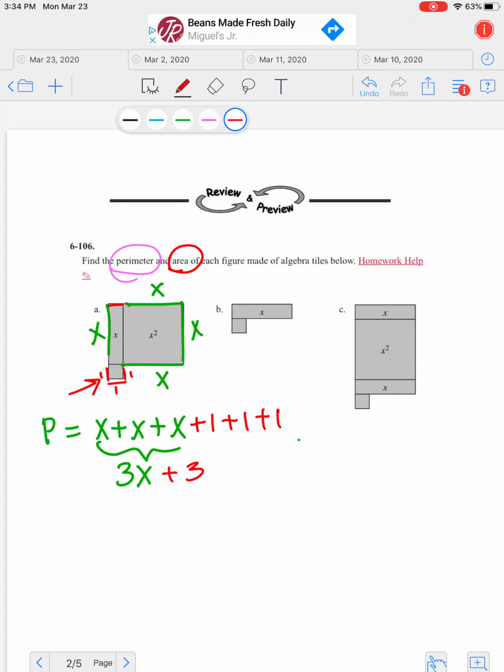And then after that, the next step is to find the area. So area is the inside. So on the inside I have x squared, x, and this tiny little unit tile over here, plus 1.